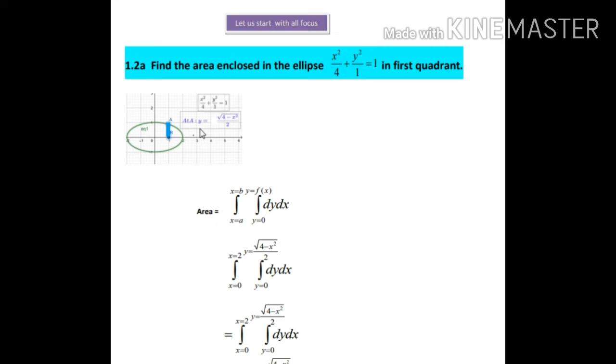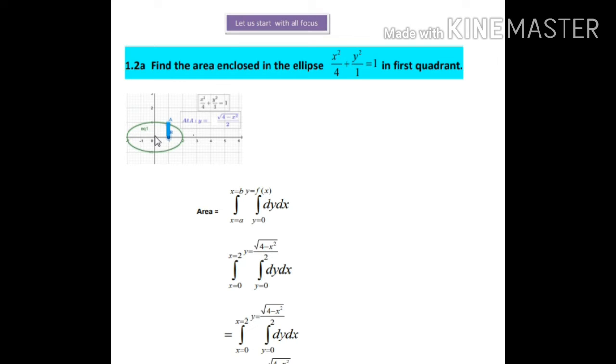On simplification we get y equal to under root 4 minus x square by 2. So our limits vary from y equal to 0 to y equal to under root 4 minus x square by 2. Once the limits of y are done, we have to cover this whole region. So this strip starts from here and moves like this, and it has to cover the whole region.